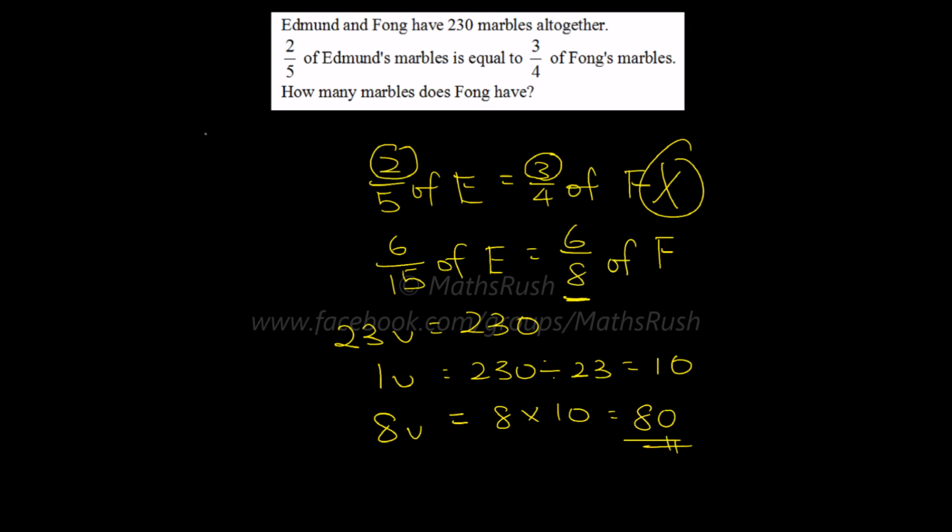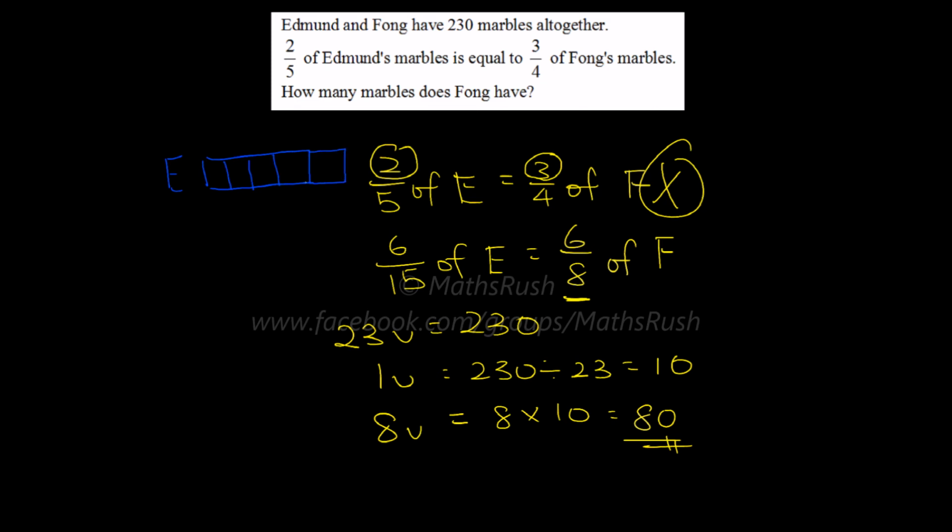And now we're going to draw the model to show you how it differs. For this question, the fractions are rather unfriendly, so it's hard to draw. Anyway, let's draw Edmund's 2/5. Edmund's 2/5 means that I need to draw 5 units for Edmund. Students tend to draw their models very small, so I'm going to try to replicate how a student draws the model.